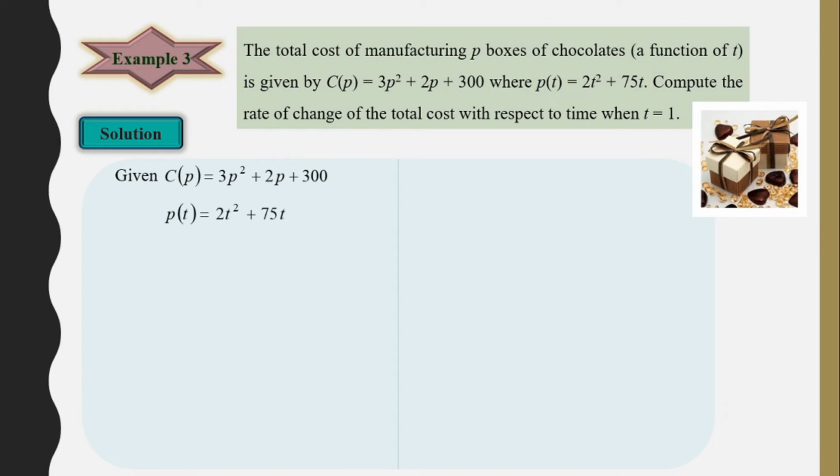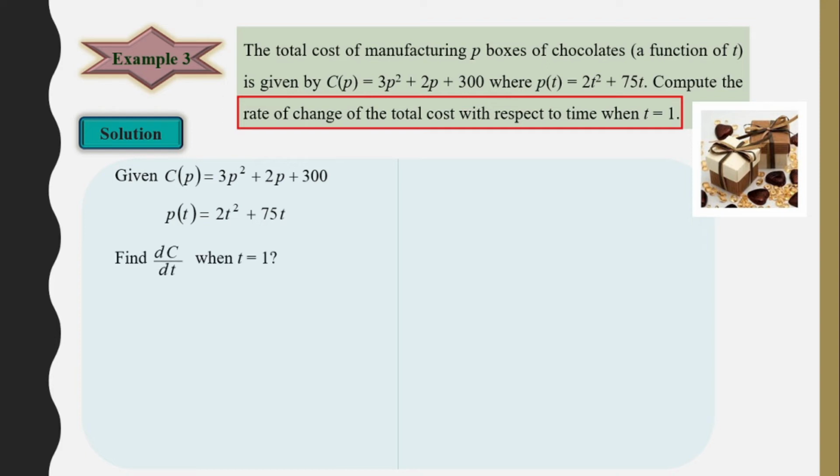The question asks us to find the rate of change of the total cost with respect to time when t equal to 1. This can be written as dC/dt when t equal to 1.